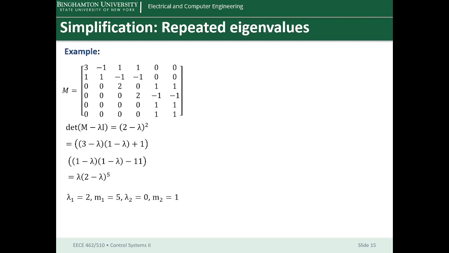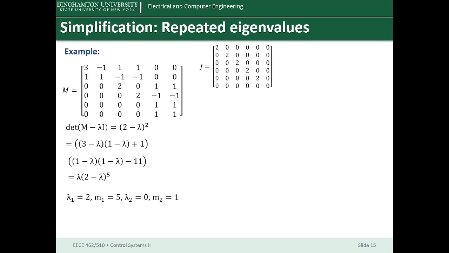Let's focus on the eigenvalue 2, since that's the one with the higher multiplicity. That's where things get interesting. Two general situations can occur here. First case, if the null space corresponding to lambda equals 2 has dimension 5, that means we can find 5 independent eigenvectors.